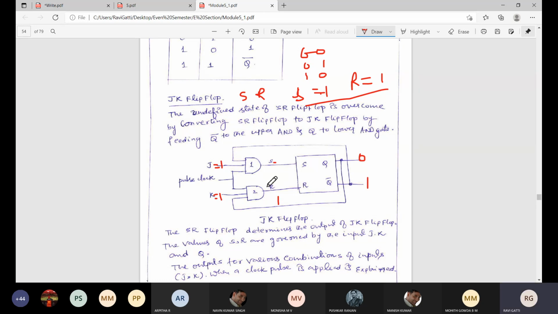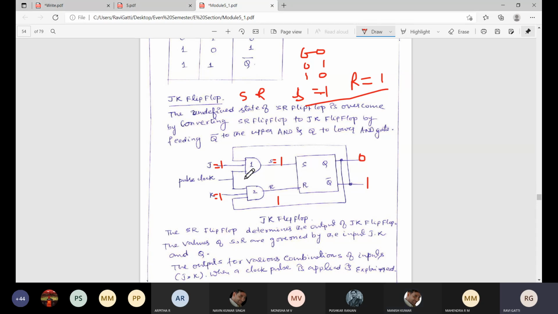What is this output of the AND gate? I am asking, that's all. Sir, 1. Output of the AND gate is 1. How is it 1? Because all 3 inputs. Yes, very good, Manish.